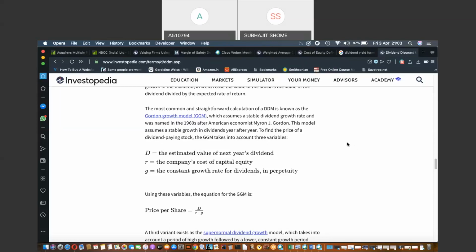Now you calculate intrinsic value per share. How much is it? 0.0352 divided by 0.002 is 17.6.